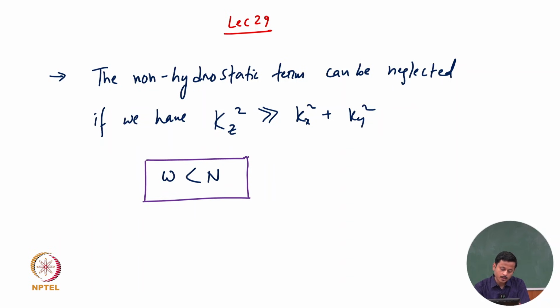Now, physically, thinking about the physics of the situation, what happens if we force a system with a frequency that is greater than N? N is only a value which arises from the background density gradient. Now it can happen that we have a forcing frequency, let's say a certain vibrating mechanism that vibrates much faster than the background stratification frequency.